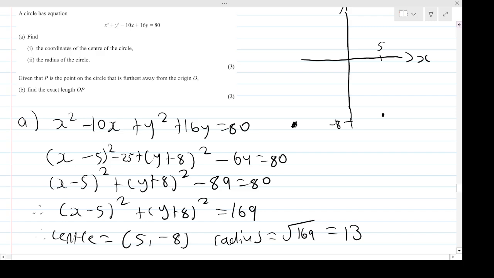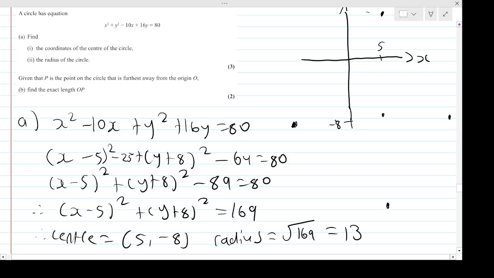Likewise, if we go from minus 8 to 0, the x-axis, and the radius is 13, we need to go from 8 and then go up by another 5. So the other edge of the circle is going to be up there somewhere. Then if we use symmetry, I guess the other part of the circle will be down there, and the other end of the circle will be there.